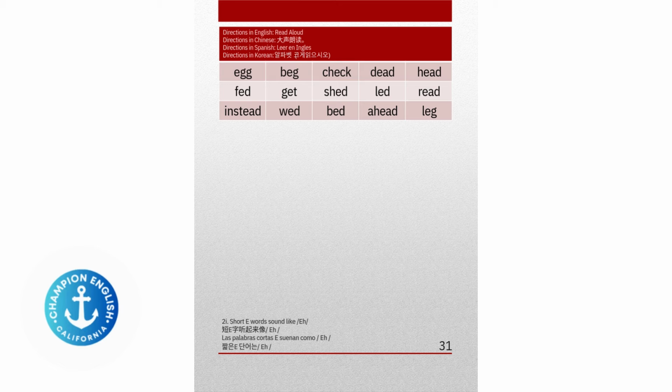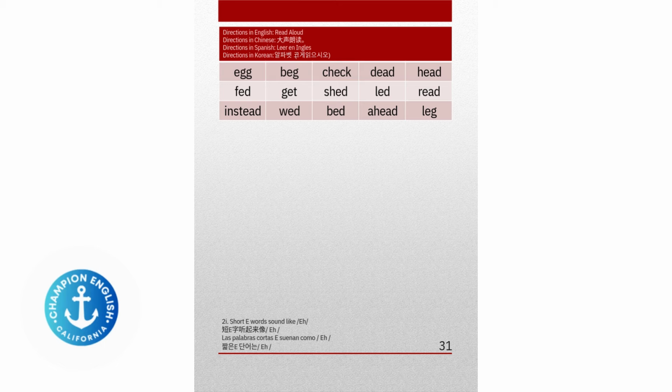Now, what we're going to do is we're going to sound out each word like we were reading it. So, L and egg, leg. Ch and eck, check. D and ed, dead. H and ed, head. F and ed, fed. G and et, get. Sh and ed, shed.